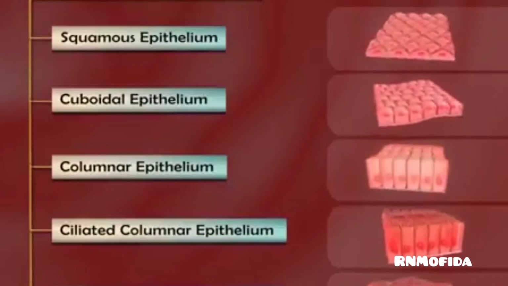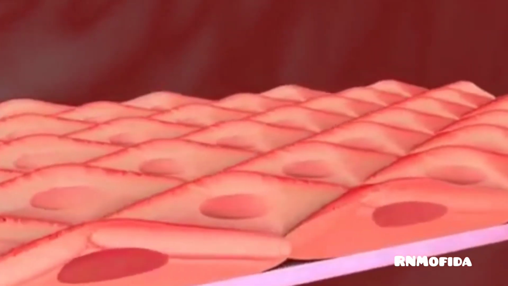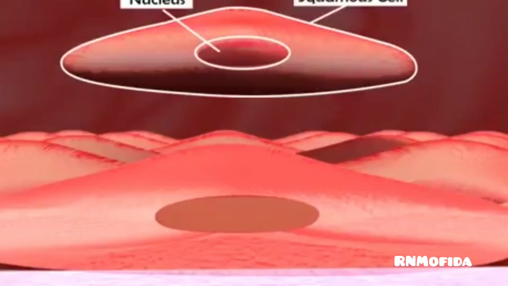Squamous epithelium tissue consists of a single layer of flat cells resting on the basement membrane, with the nucleus present inside the cells. So it mainly helps in diffusion of substances and secretions across the epithelium.